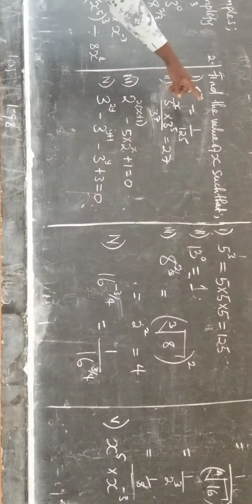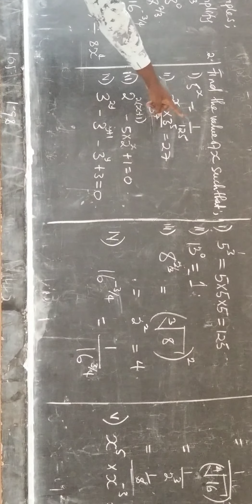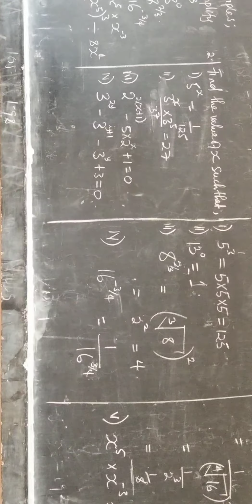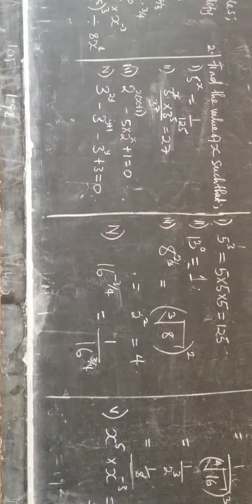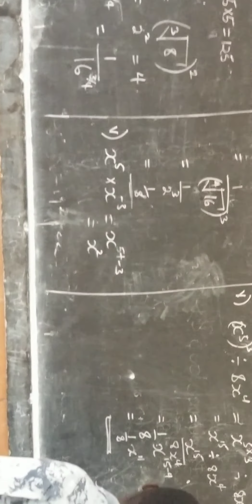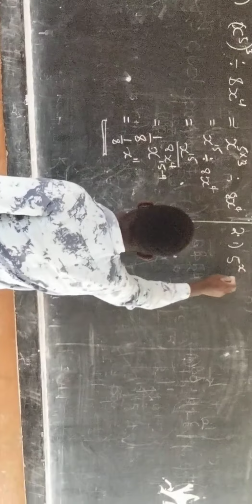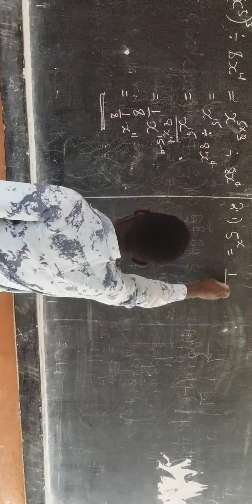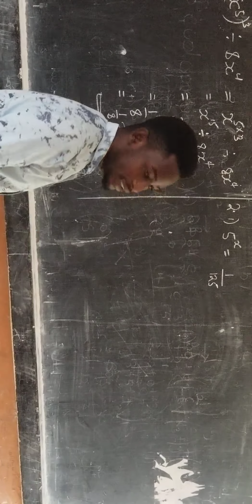Now number 2 says find the value of x such that 5 power x is equal to 1 out of 125. How do we solve for x here?